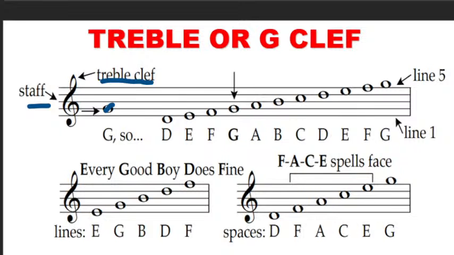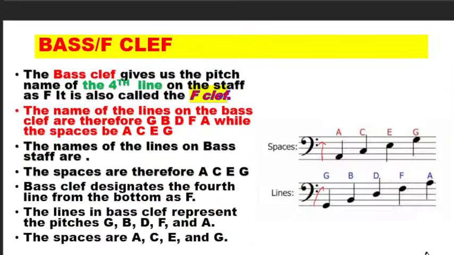The bass clef gives us the pitch name on the fourth line on the staff as F. It is also called the F clef. From the bottom, you count the 4 lines.